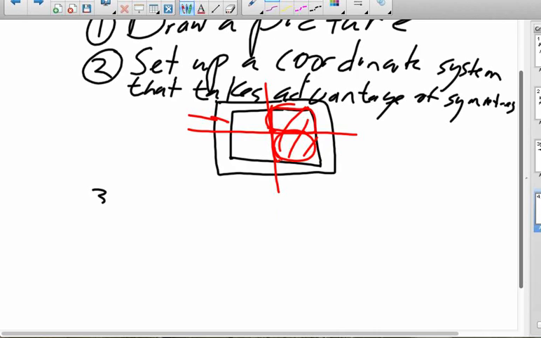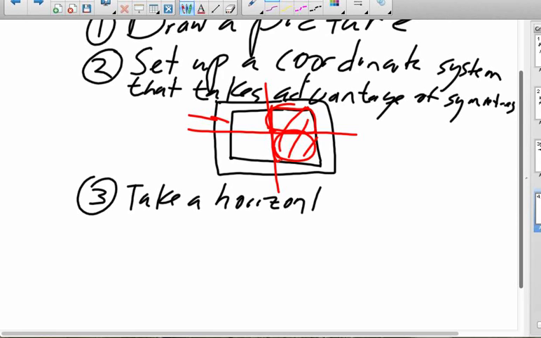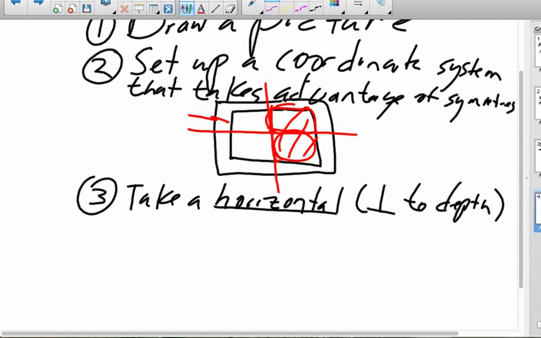Okay, the third thing you need to do is take a horizontal slice, and I do mean horizontal here. You want to make sure it's perpendicular to your depth. In other words, I'm going to take a very thin horizontal slice through this thing.